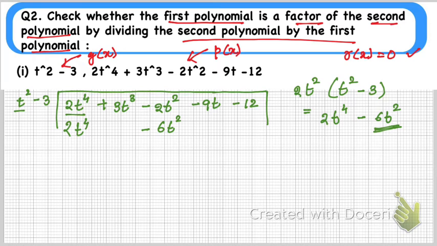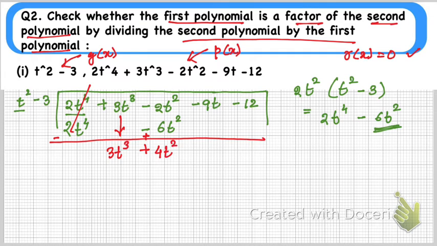Changing the sign, this will become minus and this will become plus. These two will get cancelled. Here the 3t cube will come down. This will become plus 6t square minus 2t square, that will give us plus 4t square minus 9t minus 12. The 9t and minus 12 will also come down.